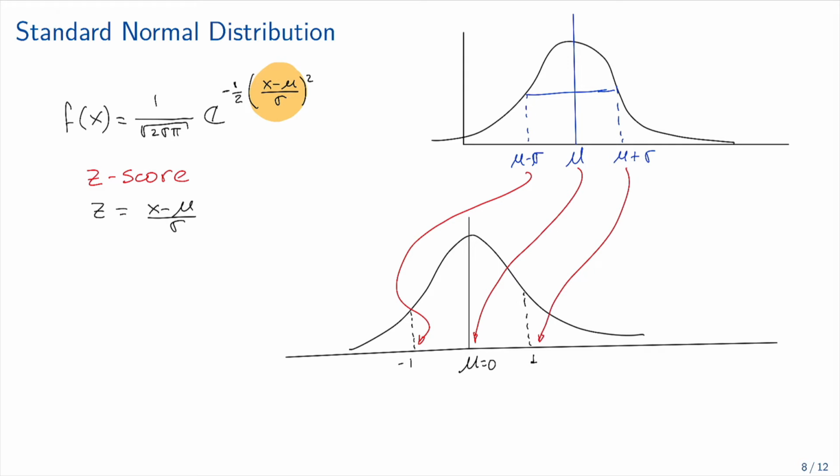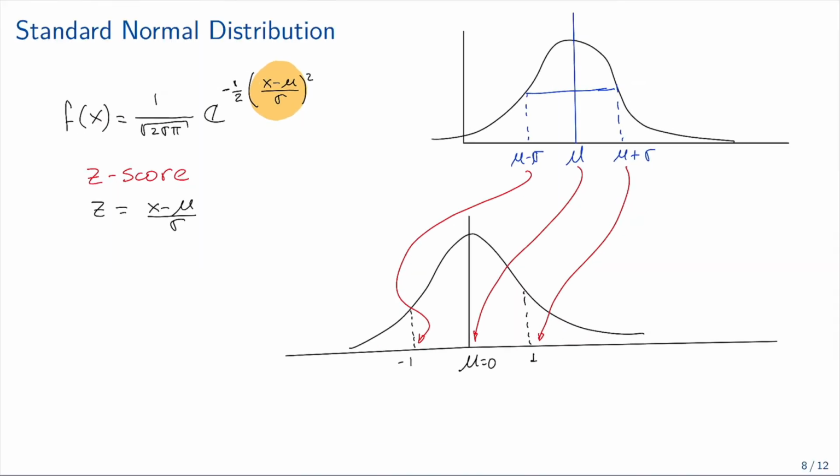Now, the reason is that when we convert to our different units, f of z will be equal to 1 divided by the square root of 2 sigma pi, e to the minus 1/2 of z squared.